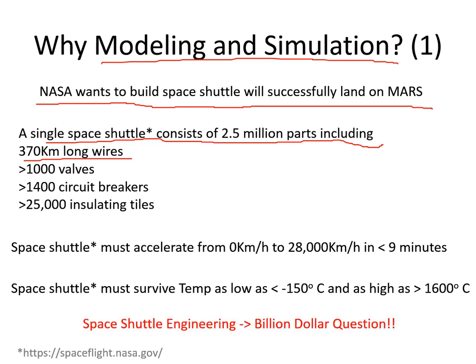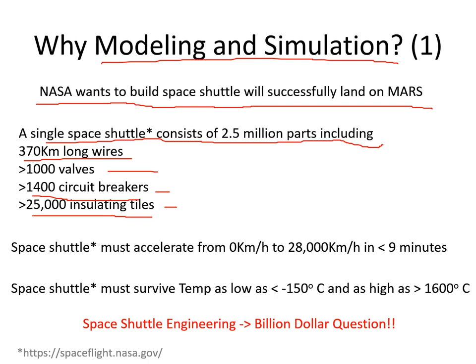And it also contains more than 1,000 valves, 1,400 circuit breakers, and 25,000 insulating tiles. So already you can see that it's a complicated electromechanical as well as thermal system because we're talking about mechanical components, we're talking about valves, we're talking about electrical components as well as thermal components such as insulating tiles.